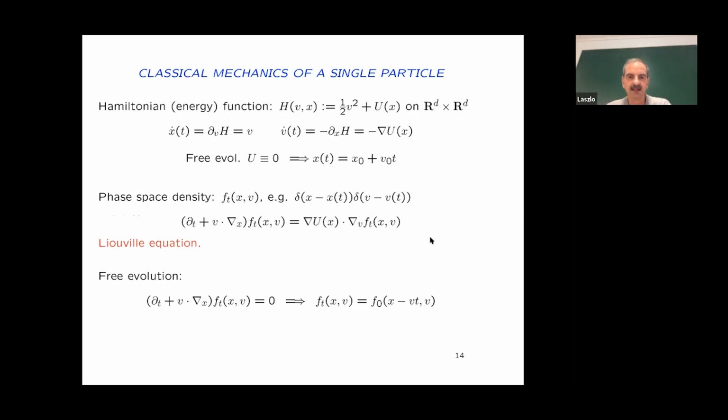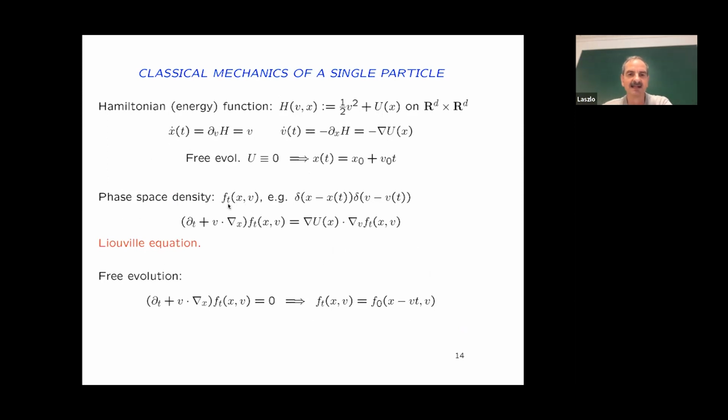Now the next elementary slide is about the classical mechanics of a single particle. This I guess also needs basically no explanation. So a classical Hamiltonian, energy function, is velocity squared plus a potential. Here's the Hamilton equation. If the potential is zero, then you have free evolution. Now we would like to express the same dynamics in terms of phase space density.